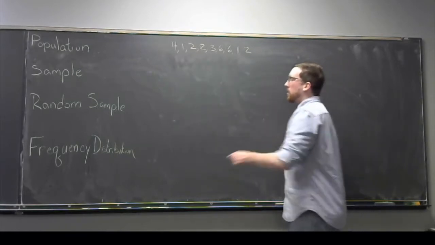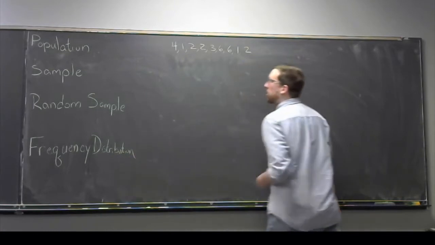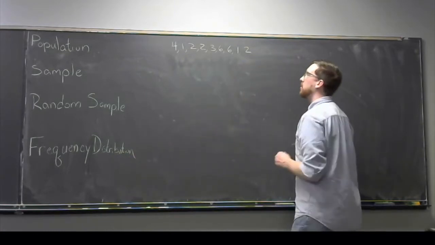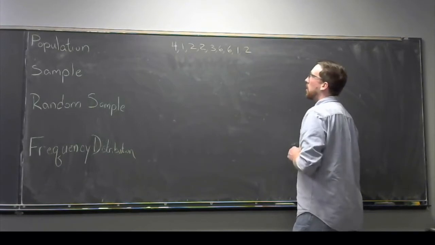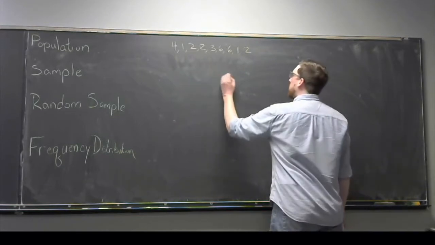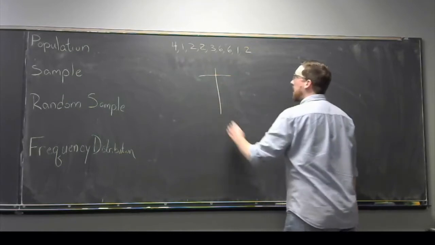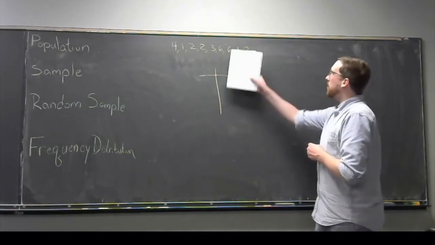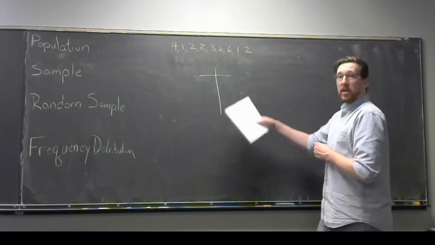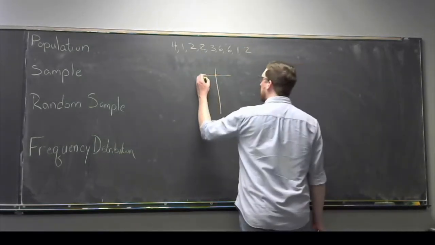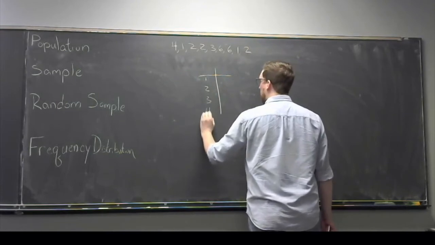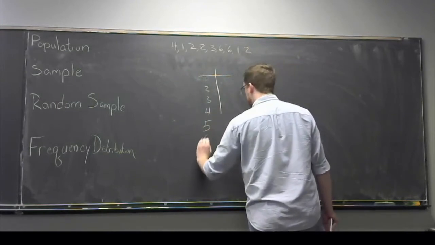Now, we might want to talk about, like I said, the frequency distribution. And I'll explain in a second what the actual definition of a frequency distribution is. So we sit here and we're like, all right, cool. I can make a table of this, and I can write down each of these values and how often they occur. So let's do that: 1, 2, 3, 4, 5, and 6.